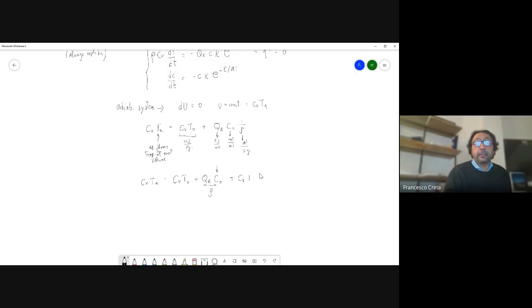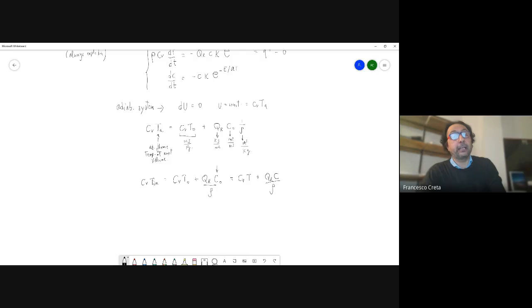So CV T, this is the current temperature. And then you have a QR. We don't write C0 anymore. We write the current concentration C, which will be less and less as the temperature increases, divided by rho. Rho is a constant in this case because it conserves mass and volume. So this increases eventually, and this clearly will tend to zero.